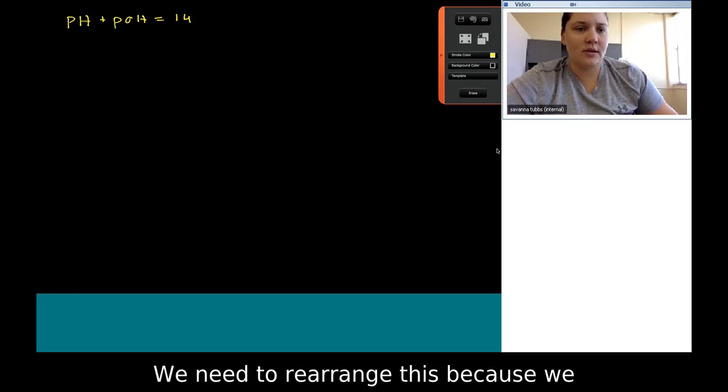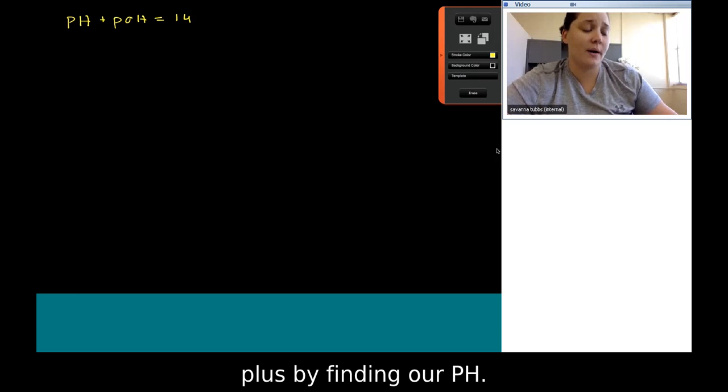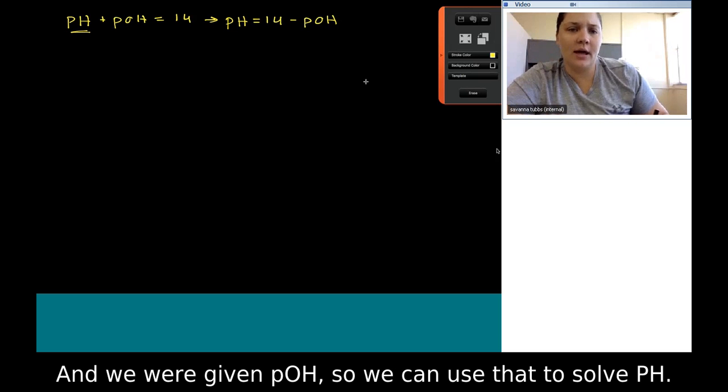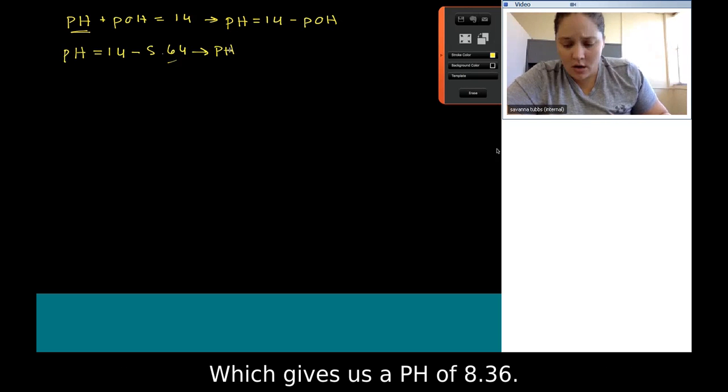We need to rearrange this because we know we can solve for the concentration of H3O+ by finding our pH. So we can manipulate this to where pH equals 14 minus pOH. And we were given pOH, so we can use that to solve pH. So pH equals 14 minus the 5.64, which gives us a pH of 8.36.